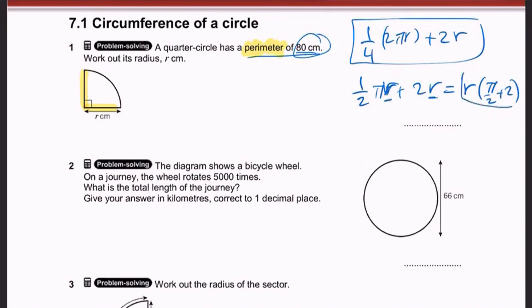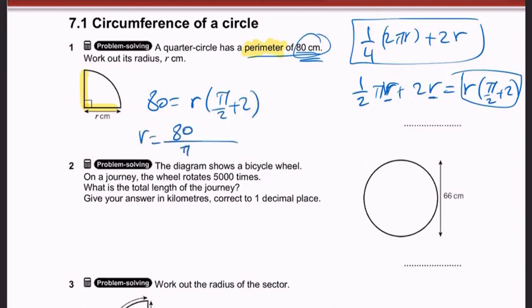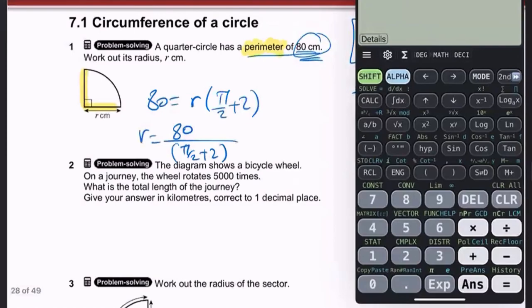So r times pi over 2 plus 2 equals 80. Means r equals 80 divided by pi over 2 plus 2. I'll go to the calculator and do it with you here.